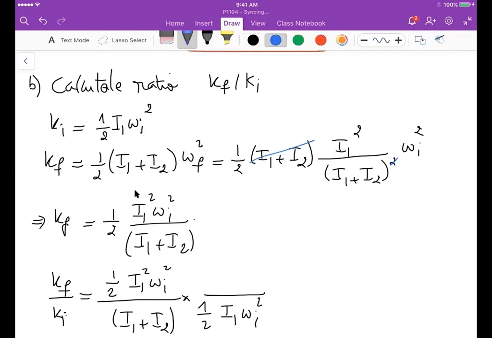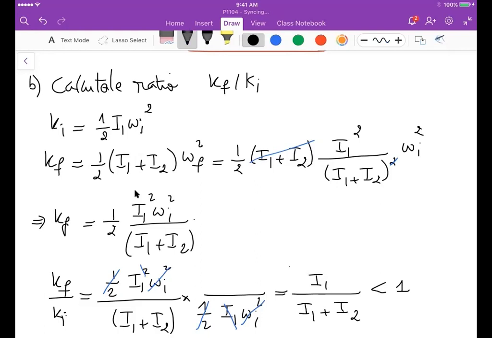Half and half cancel out. The omega initial squared in the numerator and denominator cancel out. We have I1 squared over I1, so only I1 remains on top. So K final over K initial is I1 divided by I1 plus I2, which is smaller than 1, which we had to show.